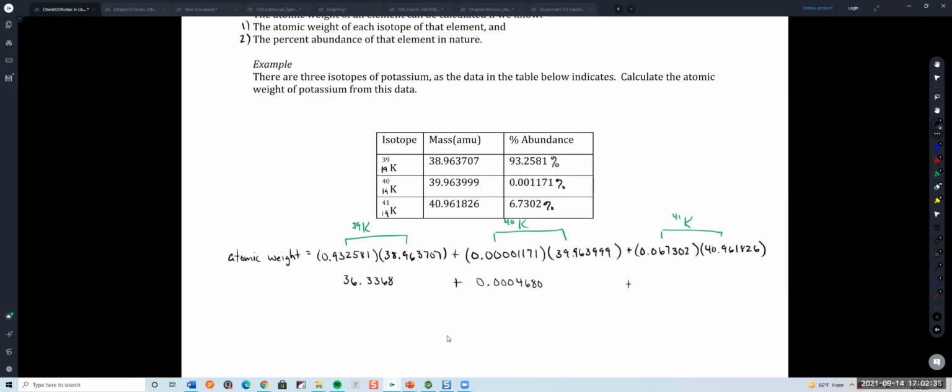And how many significant digits on this one? 5. 5. Good. 2.7568. Good.